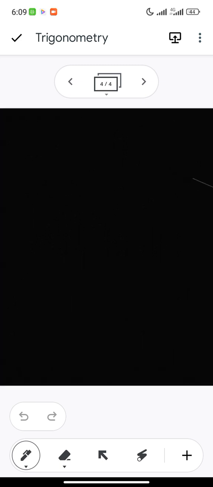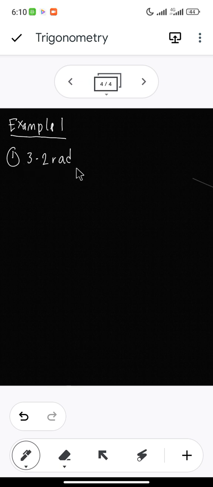Example 1 says convert the following from radian to degree. So the first angle is 3.2 radian, or the short form of writing radian is rad. So 3.2 rad. You're meant to convert this to degrees. So what do you do?